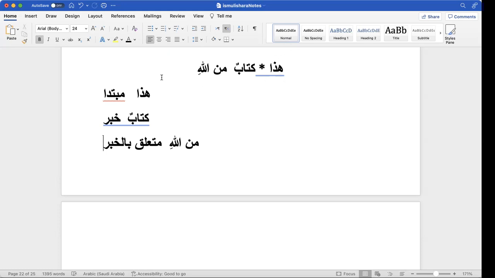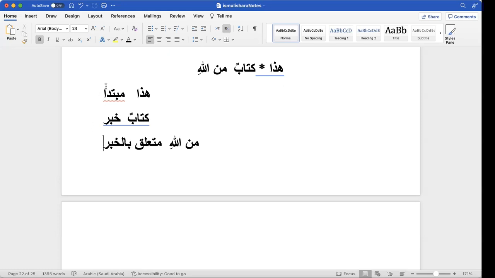The property of mubtada is that it has to be marfu, the first marfu, first rafa. And khabar is the second marfu, second rafa in the sentence. And mutalik bil khabar is simple, easy. It is harf jar majroor, or it can be special mudaf like fawqa, tahti, and special mudaf like combination. Generally, harf jar majroor is mostly coming in the mutalik bil khabar category.